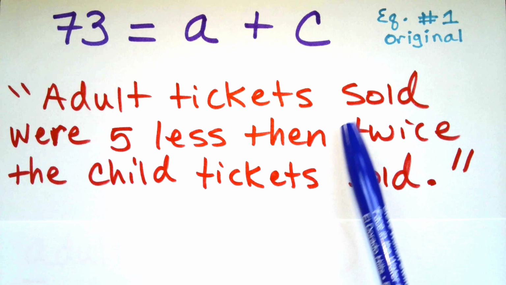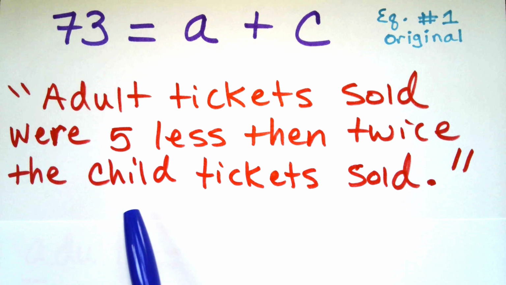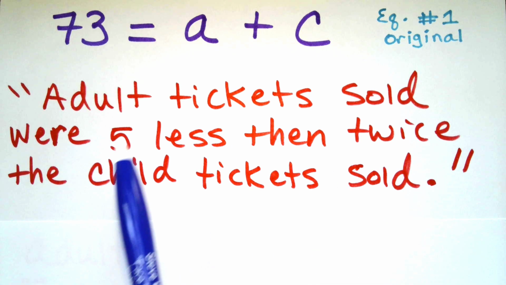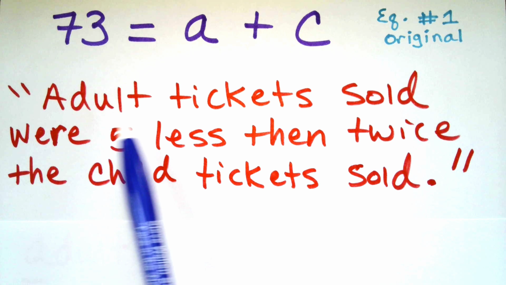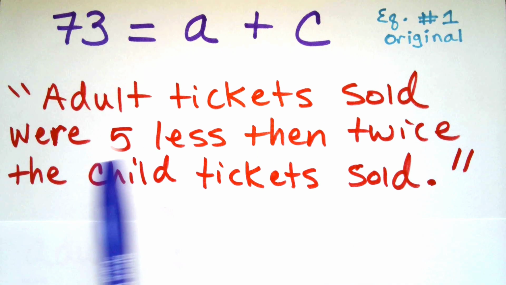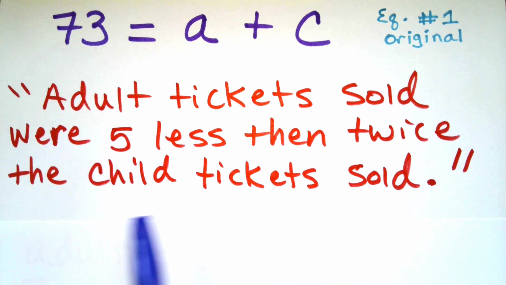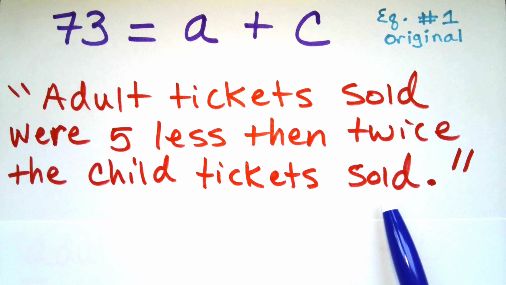Twice is a fancy way of just saying 2 times the child tickets sold. Can you create an equation based upon this information? Again, adult tickets sold are going to equal 5 less than twice, or 2 times, the child tickets sold. Give it a shot.